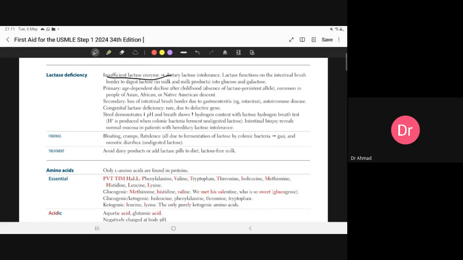Whenever you do not have this enzyme lactase, you can develop lactose intolerance, which means lactose will come inside your GI tract, and normally it's metabolized to glucose and galactose. Now, since you do not have this enzyme, your bacteria ferment this lactose, and that can lead to hydrogen production, and that's how one of your tests, the hydrogen breath test, can help you detect it.